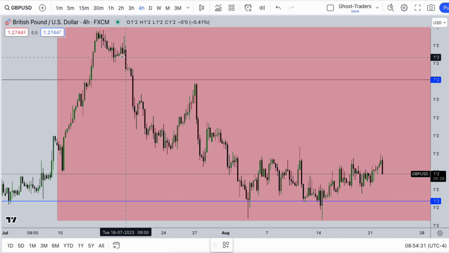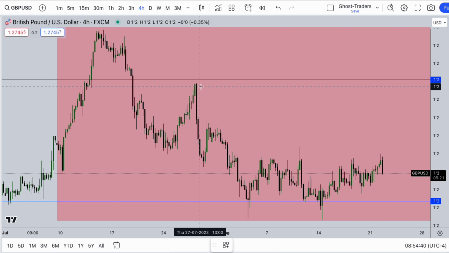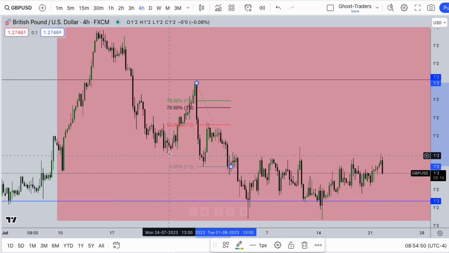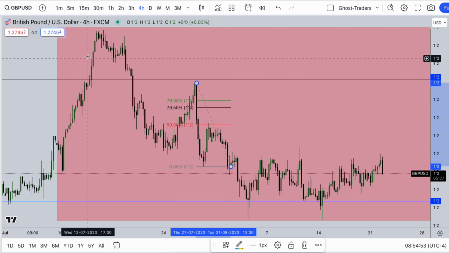Just look at this. You can see that when price is pushing down, it has a lot of momentum. It has this long range candle, which indicates that there is a lot of momentum going down, and you already have the idea of where price is most likely to go. So I can just put the fib here. You can see this one is clear, it's a low, and then price pushes up, gets to this low here, and then takes it out.